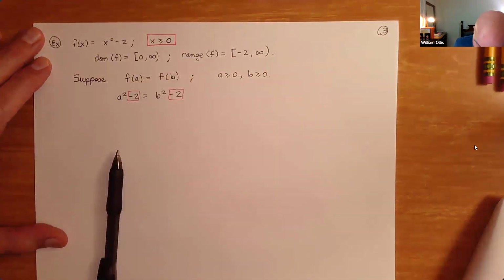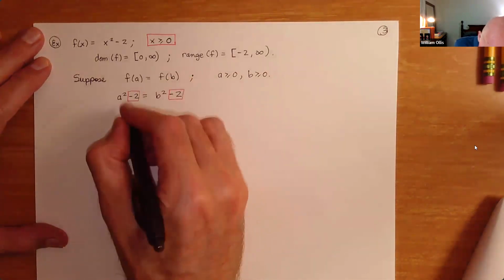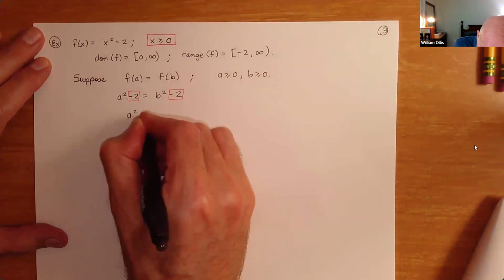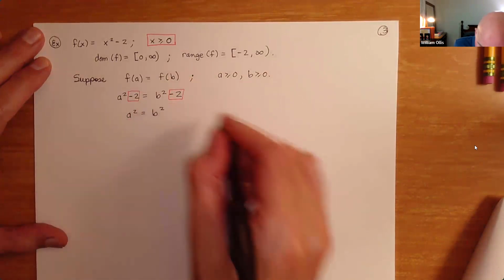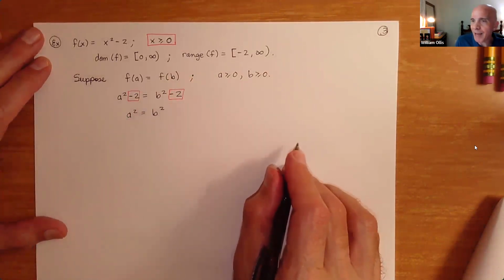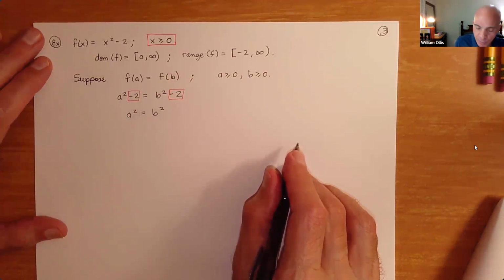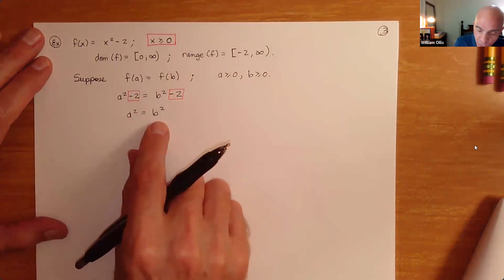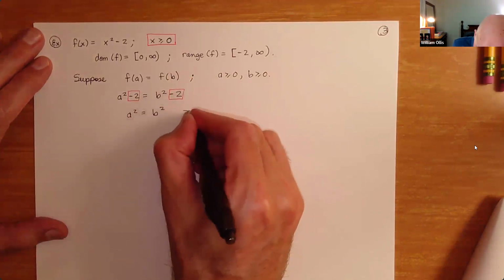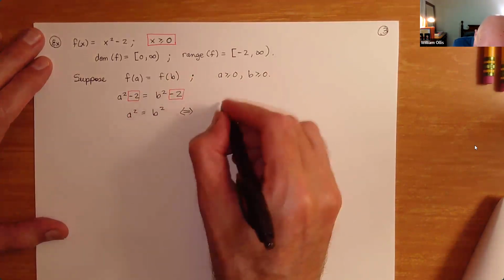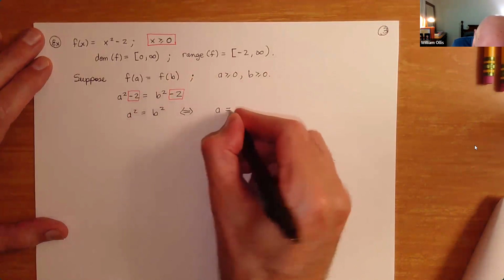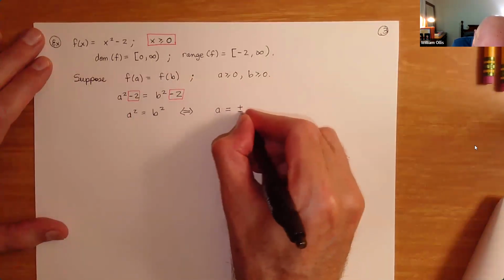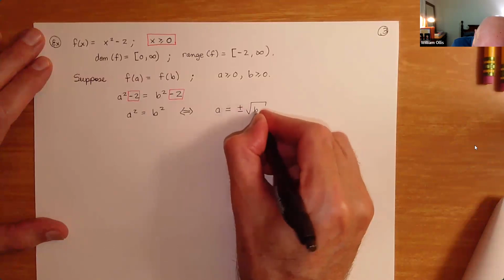They're gone. And so we end up with a squared equals b squared. Now, at this point, we can apply factorization, or we can just use the square root principle. That is, if we have a squared equals b squared, so by the square root property, we have a equals plus or minus the square root of b squared.